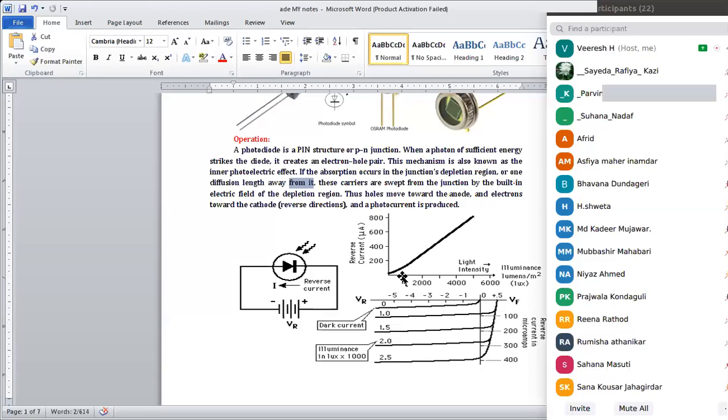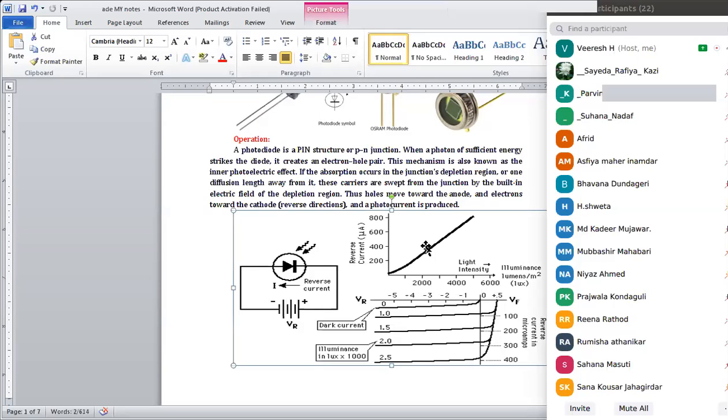Okay, so based upon the intensity of the light, the current is going to be produced. How much current is going to be produced is shown in this diagram, in the characteristics of this photodiode. What is actually happening here, there is a small configuration of this diode with the battery reference voltage. The current is flowing in this direction, in the reverse direction.